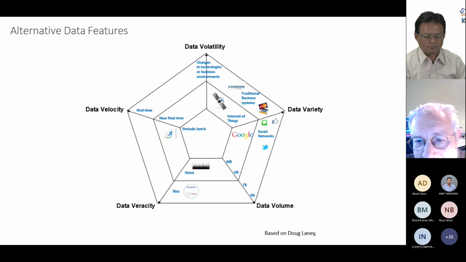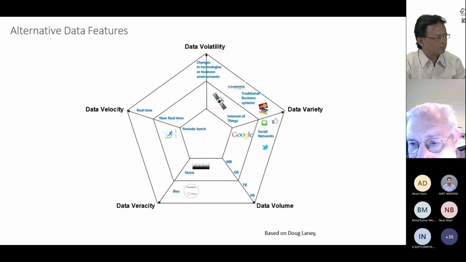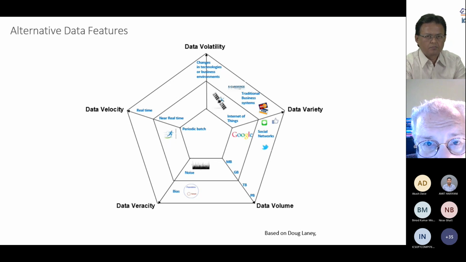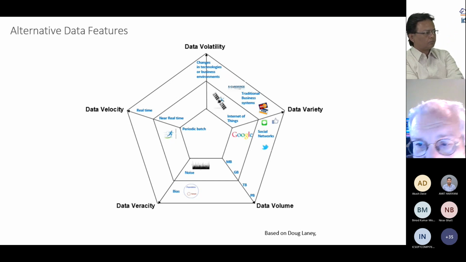We understand that we have different types of data and all have some characteristics. For instance, data velocity, if we consider in real time or in periodic batches of data, we have volatility because we have a lot of monitoring of changes in environments, business processes, standardizations, technologies, and so on.